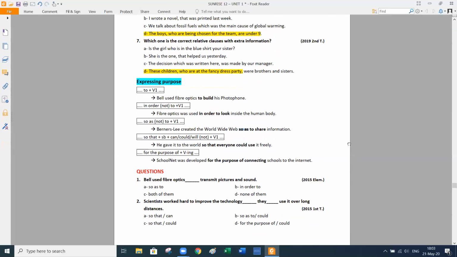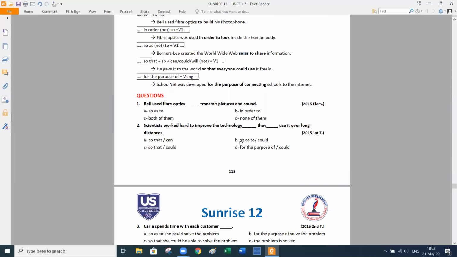And the fourth one, so that plus somebody, or let me say a subject, plus can, could, will, would is also possible. Modal verbs are used, and we can use the modal verbs in the negative form as well. And then we use verb 1 only, infinitive without to. We don't use to here.